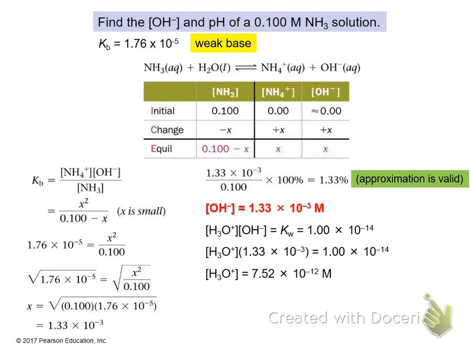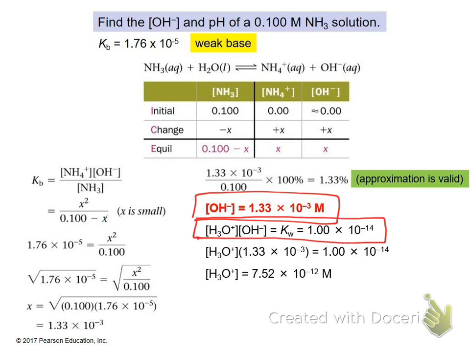So there is more than one way to determine the pH. You can use this method if you like, where you take the concentration that you found and plug it into this equality. So we learned this from the previous lecture, in which the concentration of the hydronium ion times the concentration of hydroxide gives you the ion product constant for water, Kw, which is equivalent to 1 times 10 to the negative 14.